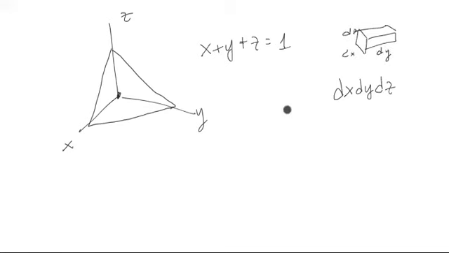So we're going to be adding this up over a particular region. So we basically come up with a set of iterated integrals, where we need to choose which variables will go where.